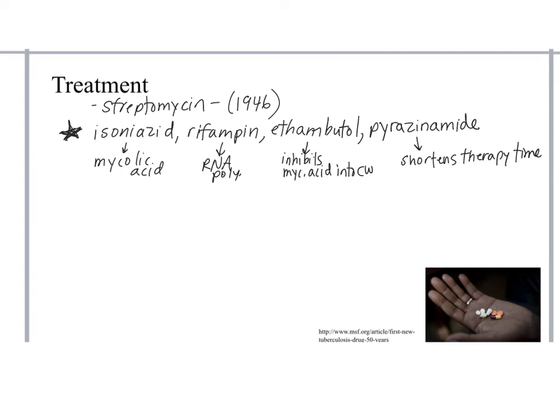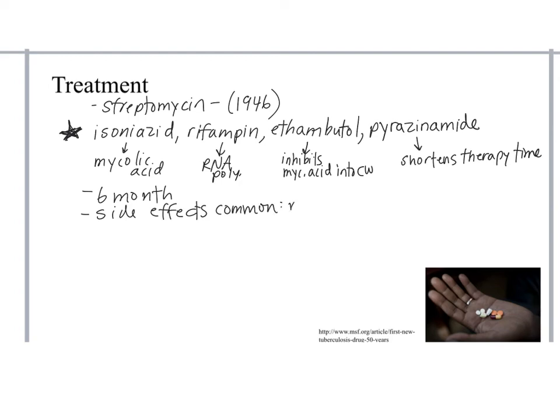Okay, so treatment with these drugs is an ordeal. Typically, it takes about 6 months on the drugs. They're big pills, they're hard to swallow, and we have lots of side effects that are common.